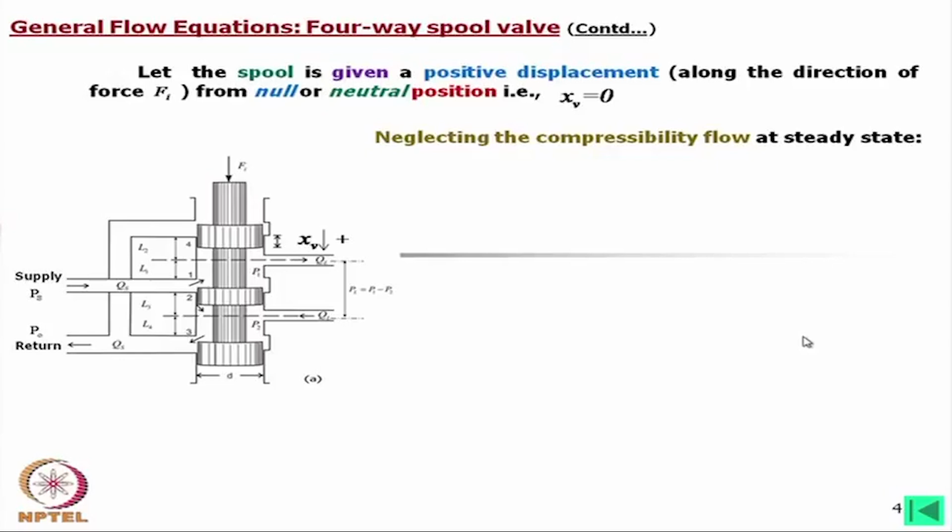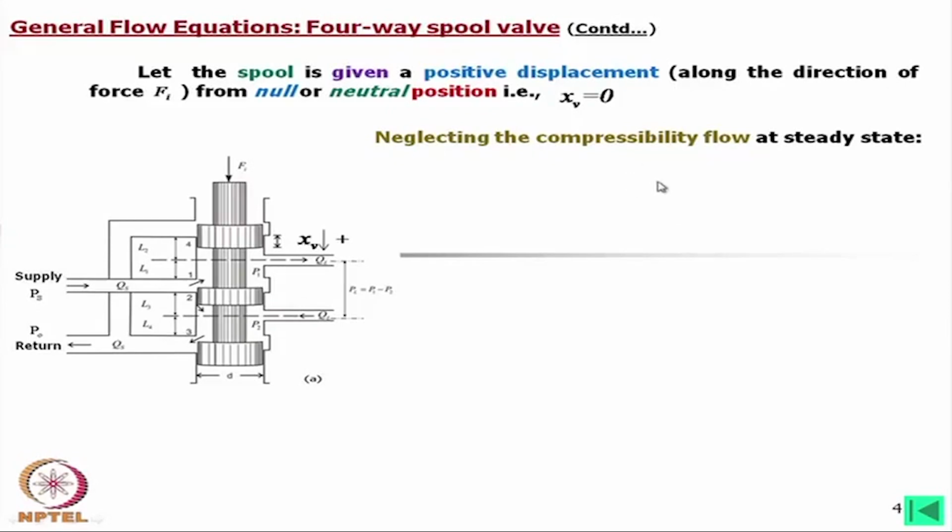Neglecting the compressibility flow at steady state. Now, what is compressibility flow? I have described that when within a controlled volume, within a trapped volume, the oil is pressurized, then there will be some motion of the fluid, that is called compressibility flow, but that can be neglected for general purpose calculations.